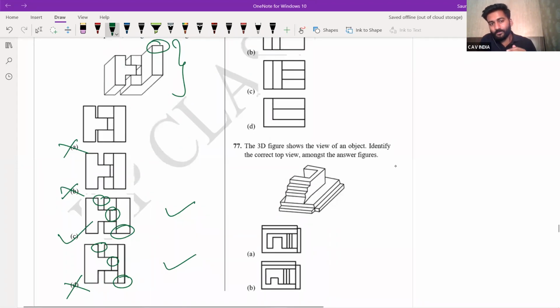Always look at the question figure and the given options together, so that by looking at the options, you can identify the points which you need to look at, right? Same thing we have seen in a lot of questions. You will get the understanding of which points you need to focus upon.